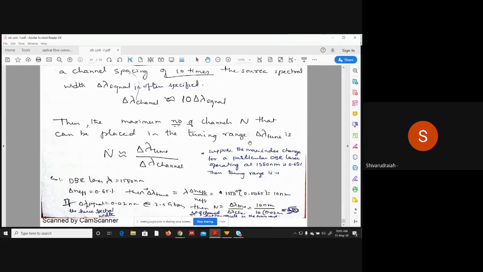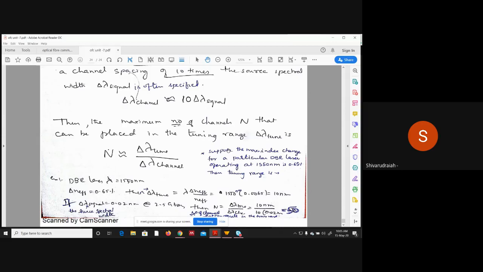That is defined by delta lambda tune. So N is going to decide that number of channels. N is approximately the tuning range, delta lambda tune, divided by delta lambda channel. This simple equation will tell us how many channels can be placed within a band of 1300 to 1350, whereas delta lambda channel is 10 times that of delta lambda signal.